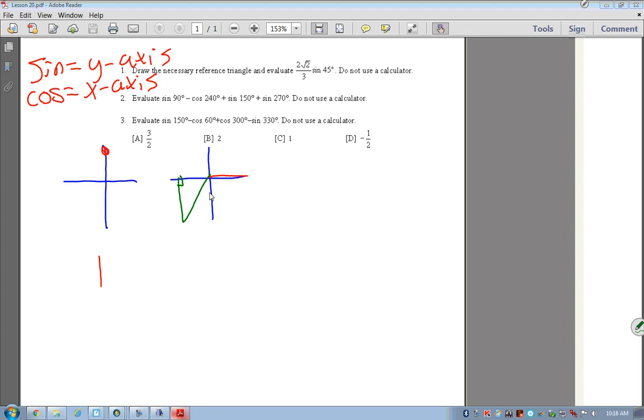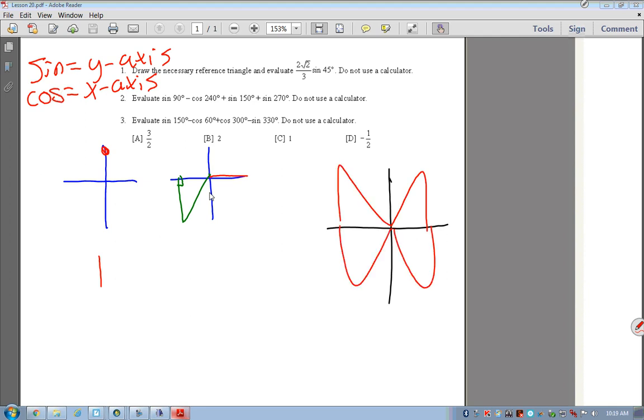So just so that we're clear, anytime I have to draw a triangle and it shows up on the coordinate plane, it should look like one of these 4 triangles, with right angles here, here, here, and there. It should look like a wing on a butterfly.